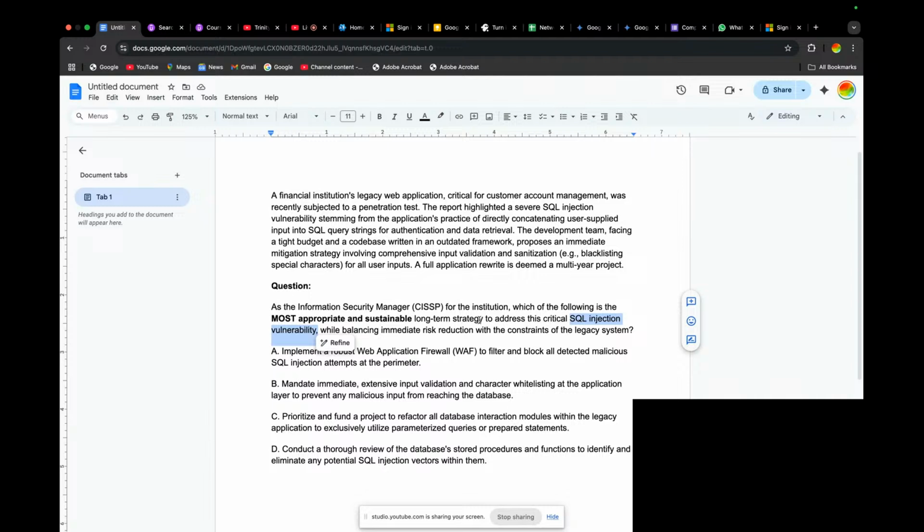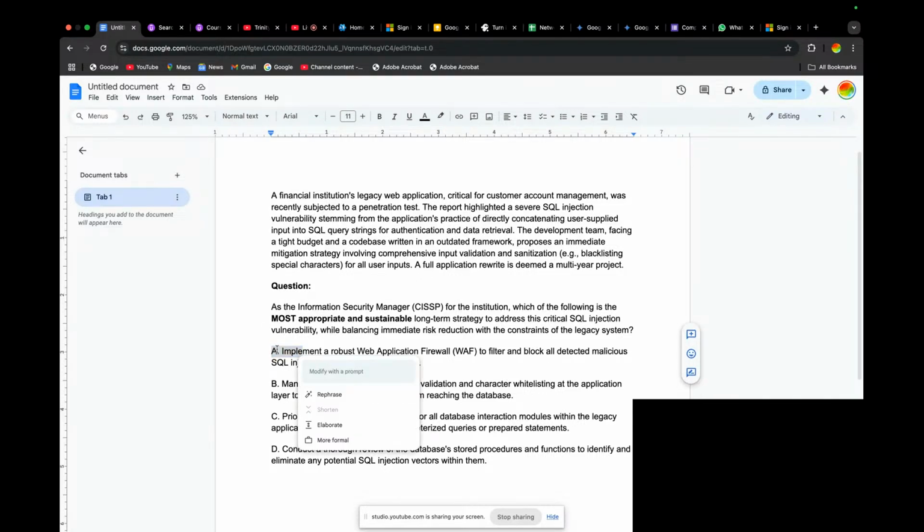If that database is hard coded, meaning it allows the input to be run as a command directly on the database, there is a chance that attackers could use SQL injection to manipulate the data or insert commands into the database. So how do you prevent that? That's what they're asking. So let's look at the options.